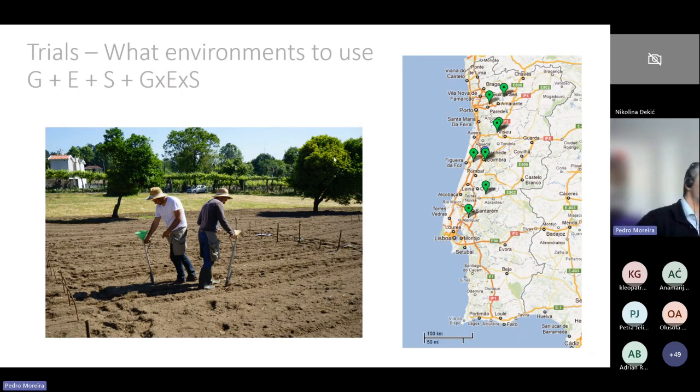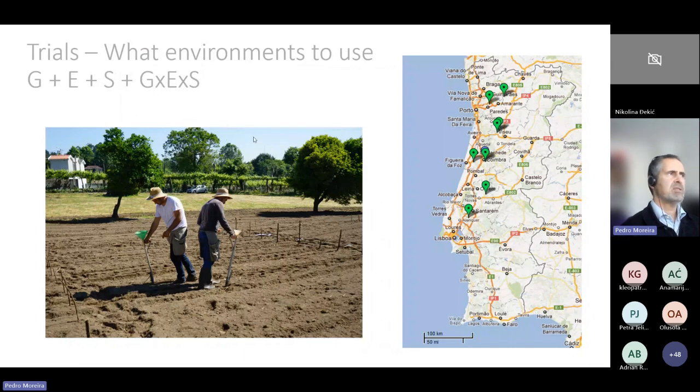So another aspect is what environments to use, because as you remember, in the morning Professor Adrian mentioned that in some cases you have traits that are constant independently of the environment, and that's good for identification of a certain variety.